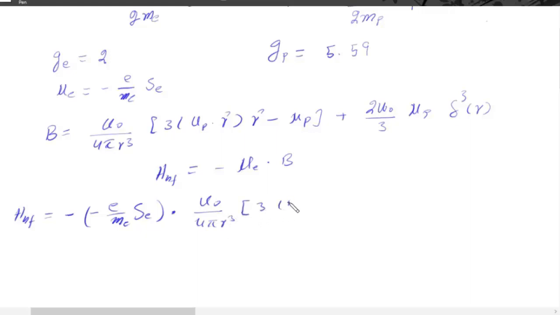3 mu_p r̂ minus mu_p, and plus 2 mu_0/3 mu_p delta function.